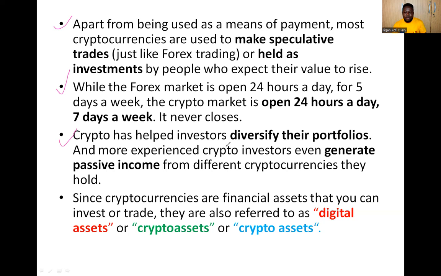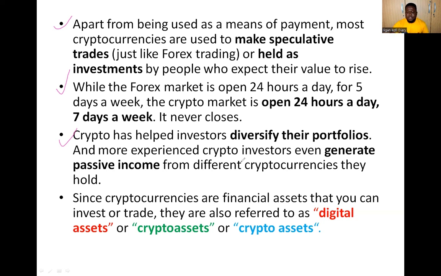There are those who might be thinking of going into the stock asset class or the lending asset class. But with the help of crypto, people have a new option now, because it used to be just these 5. But now people have a new option that they can go for. So crypto has helped investors to diversify their portfolios.